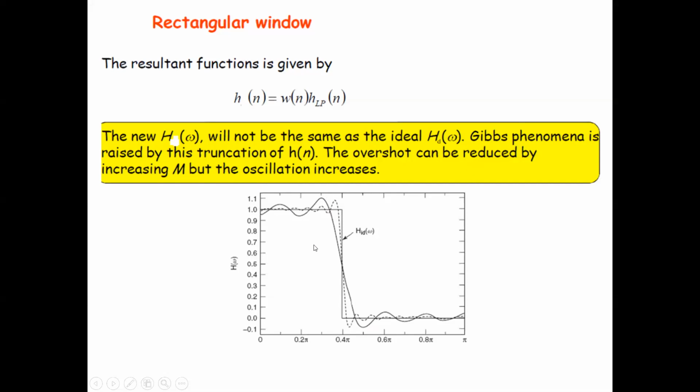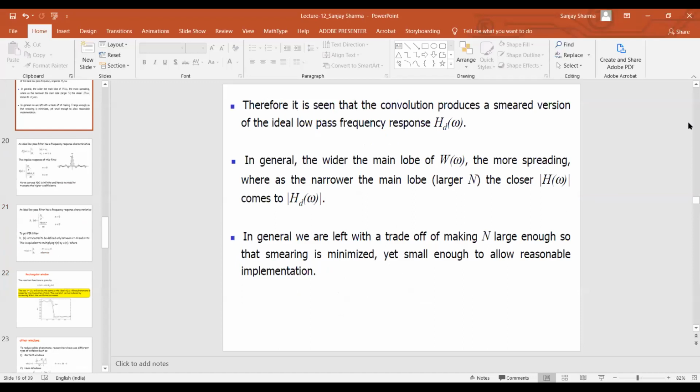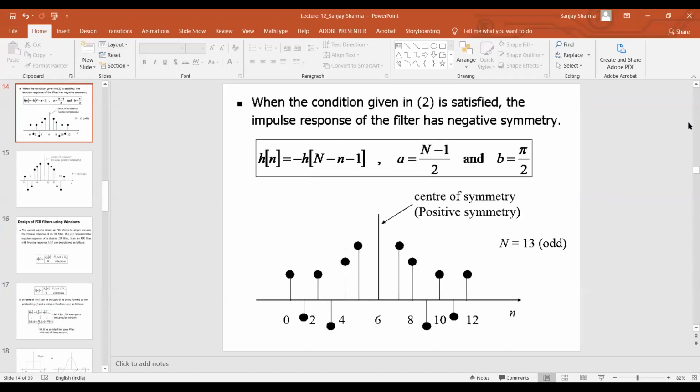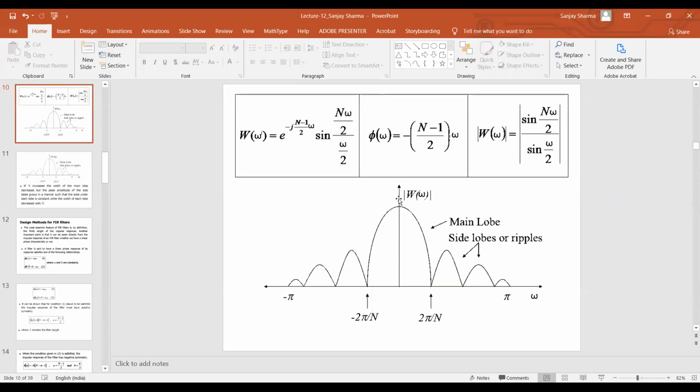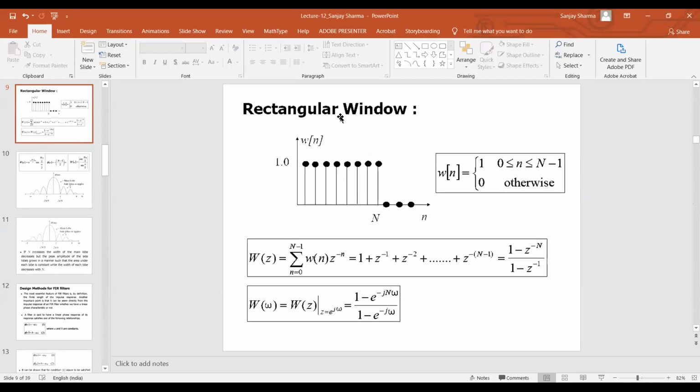But this happens in the case of the rectangular window. Scientists have worked on windows and designed many other windows. Let me come back to the rectangular window, where there is an abrupt change from 1 to 0.